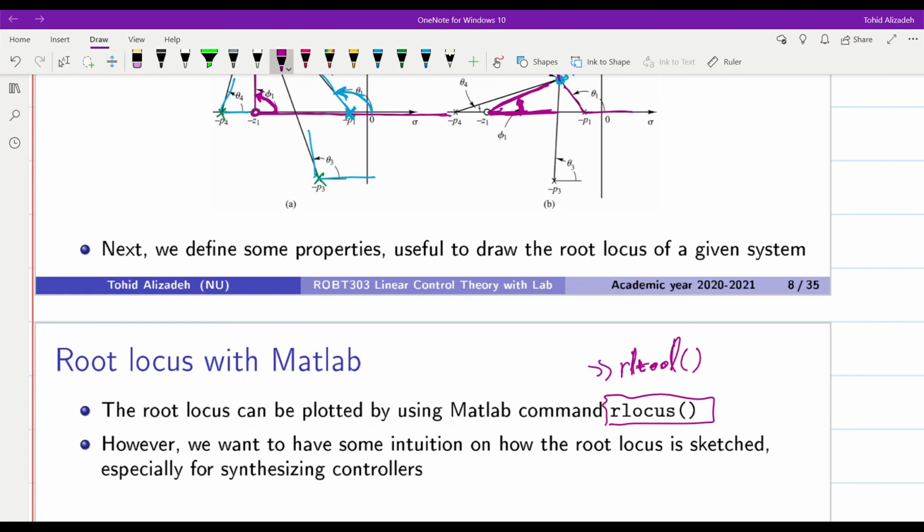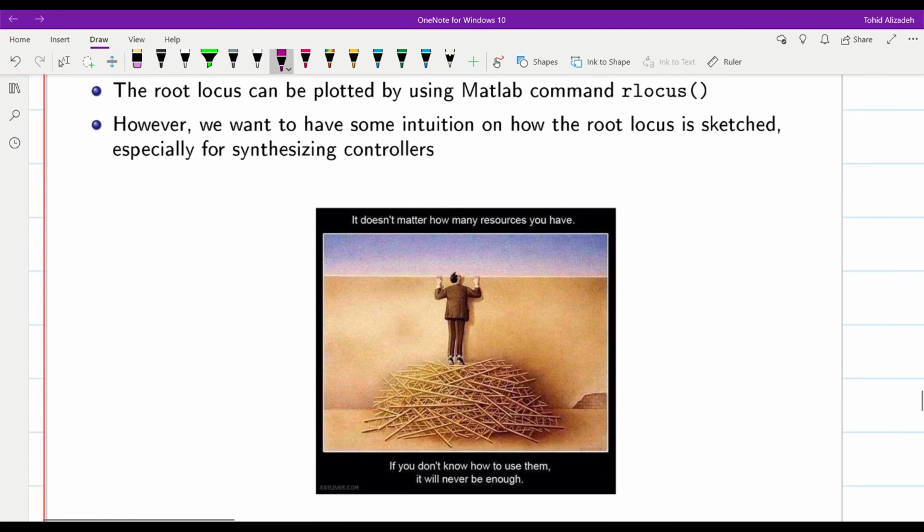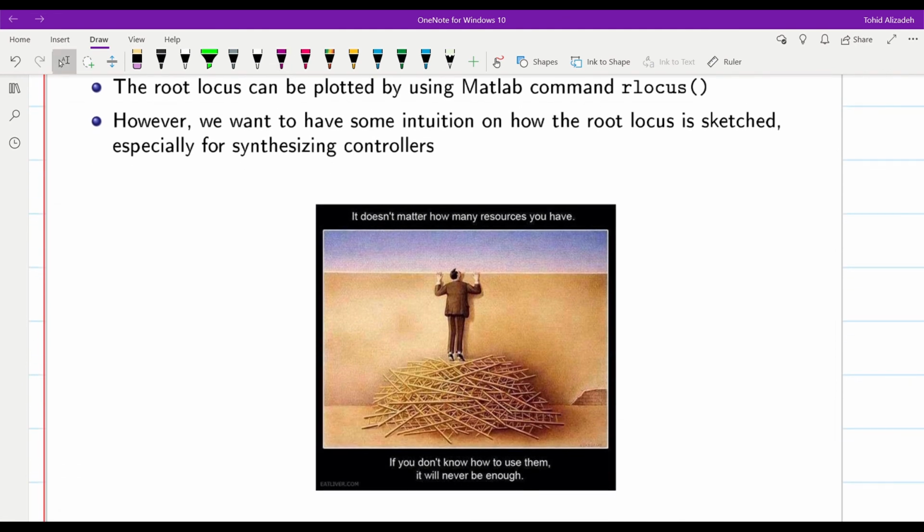So this will give you experience and make you ready to be able to synthesize or design a controller. So we are going to do this manually, even though we have tools provided by MATLAB.